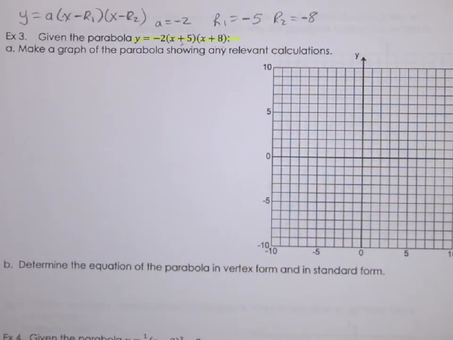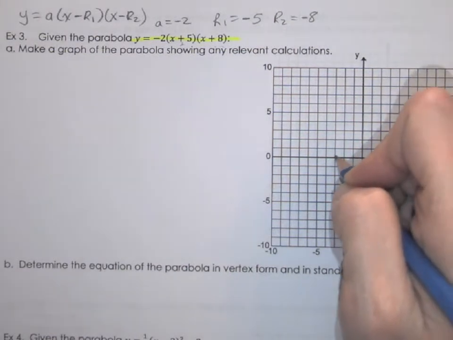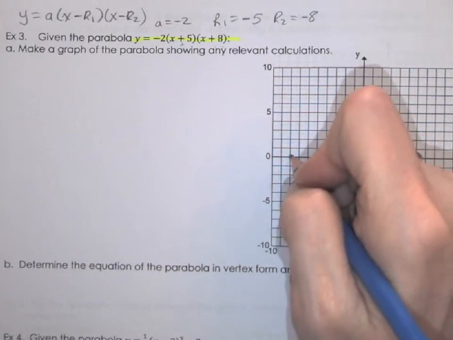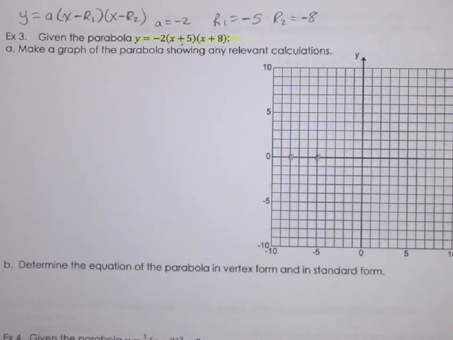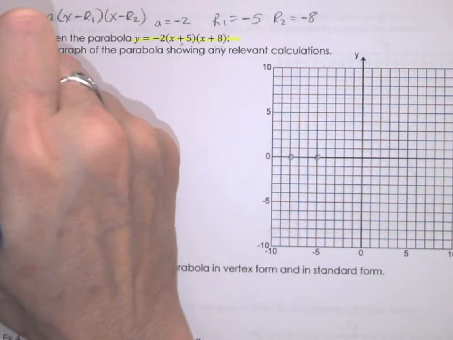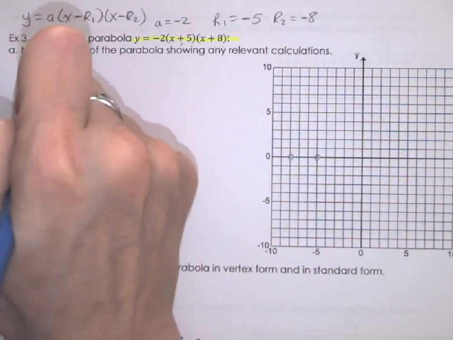So again, like we did yesterday, if we know the x-intercepts, we can plot them on our graph. So -1, 2, 3, 4, 5, 6, 7, 8. There's our two x-intercepts. And then if you also remember from yesterday, to find the vertex, you use a formula. To find the h coordinate of the vertex, h is R1 plus R2 over 2.